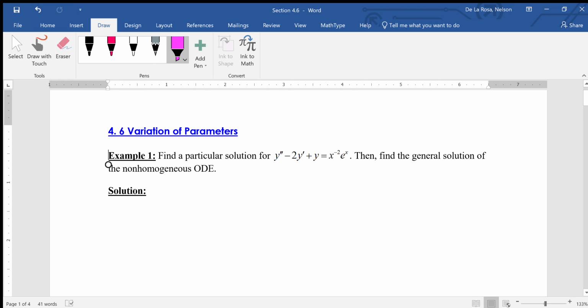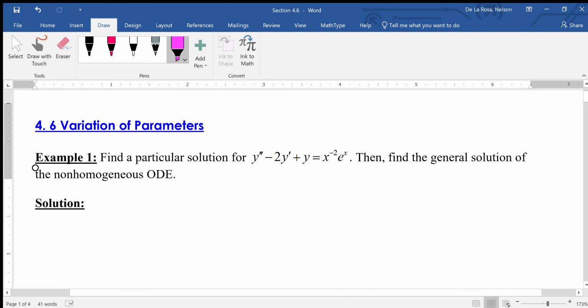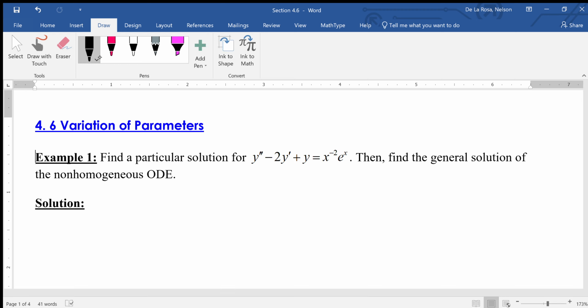This problem cannot be solved using undetermined coefficients because the exponent of x on the right is a negative number. So that is why we cannot solve this problem using undetermined coefficients. Then we have to use variation of parameters.